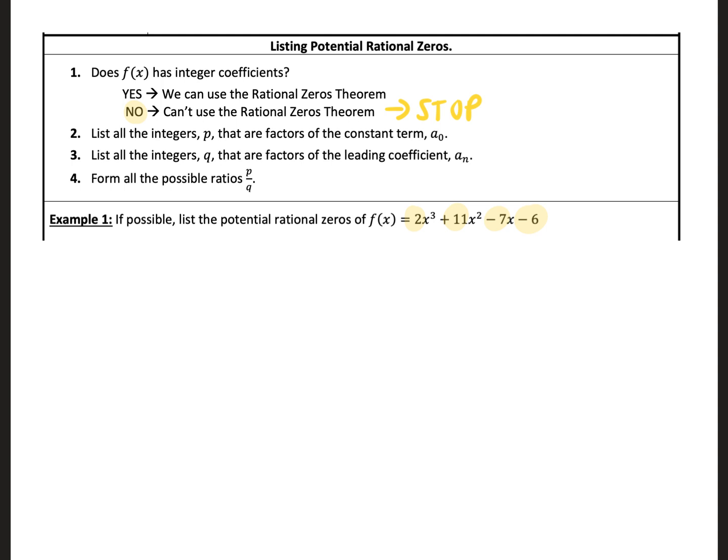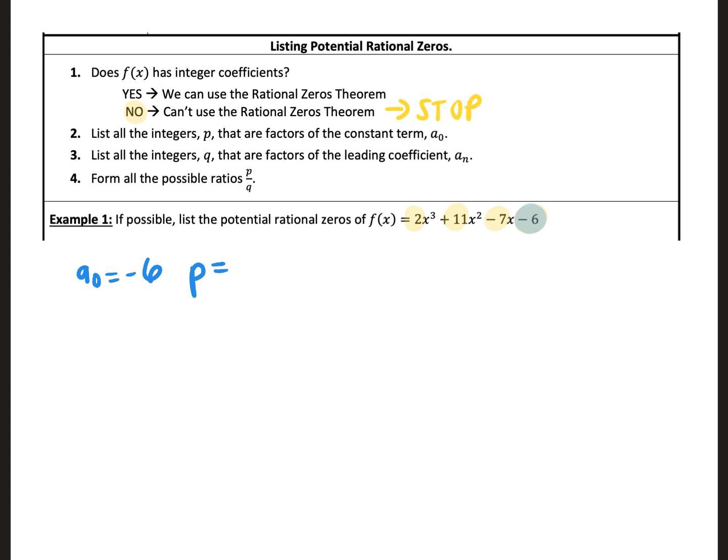Step 2 is to list all of the integers p that are factors of the constant term. Our constant term is negative 6, so we have a sub 0 equals negative 6. Then we have to list our factors. For our p value, we are looking for factors of 6, things I can multiply to get 6.